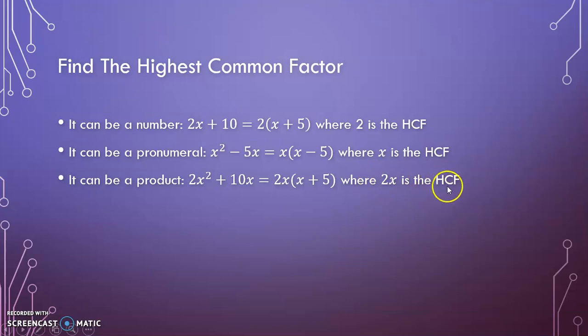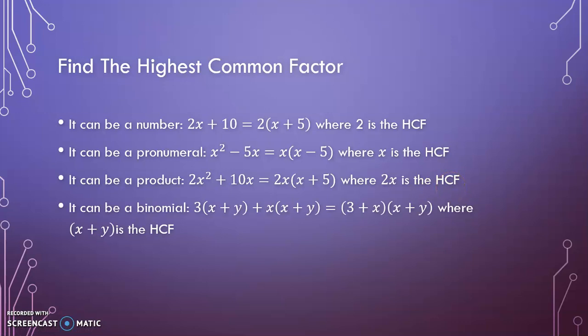You would know that you have taken out the highest common factor when the leftovers in the bracket do not have any common factors other than 1. So x and plus 5 do not have any other common factors. So now we know that 2x is the highest common factor.